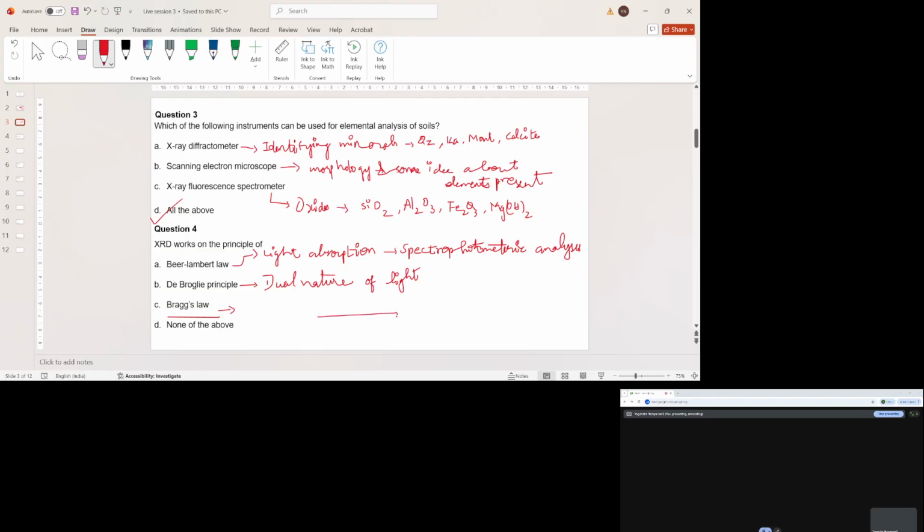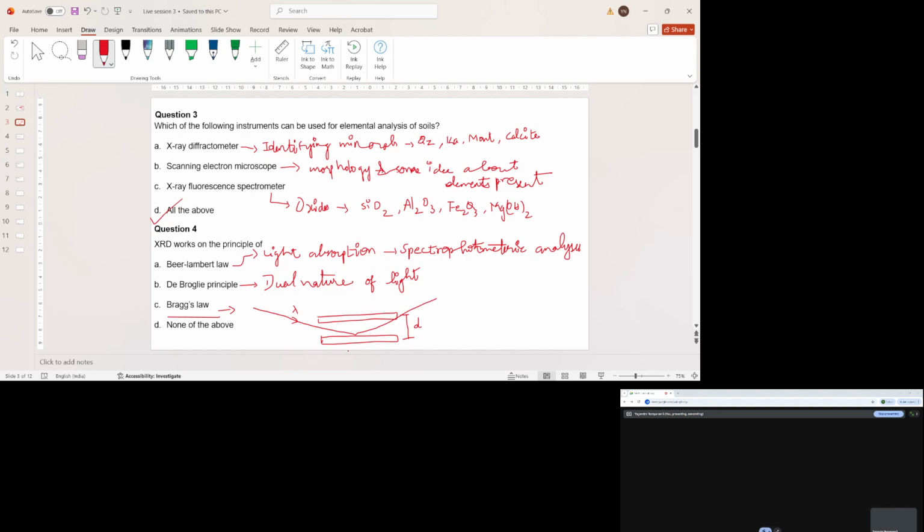So when you have two crystal planes which are separated by a distance d and you pass X-rays of some wavelength, it gets reflected.